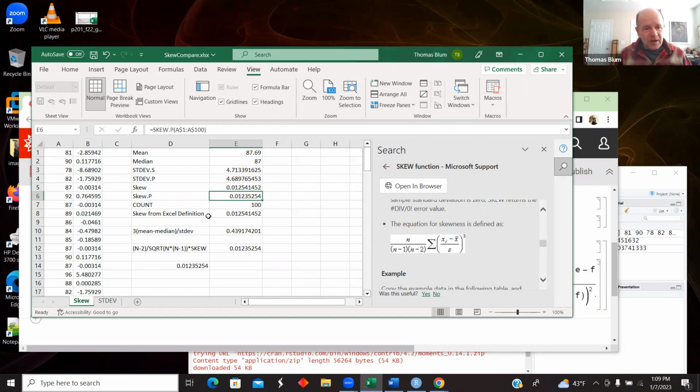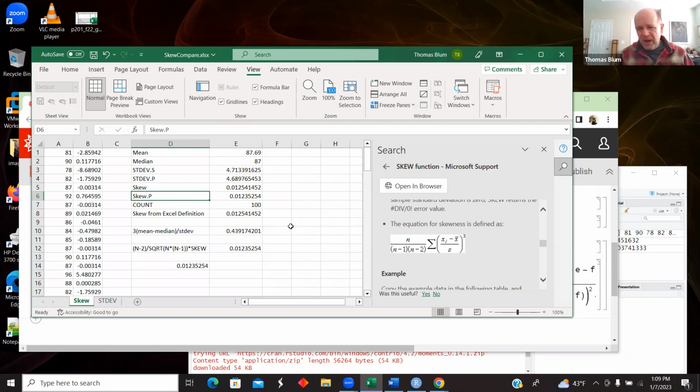Okay, so now I know what Skew does in Excel. Excel has Skew and Skew.P, so I can see that what Mathematica is doing is what Skew.P is.